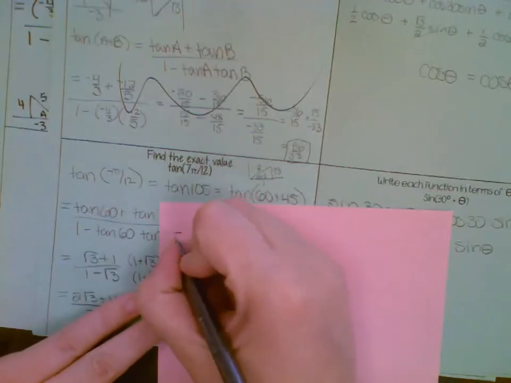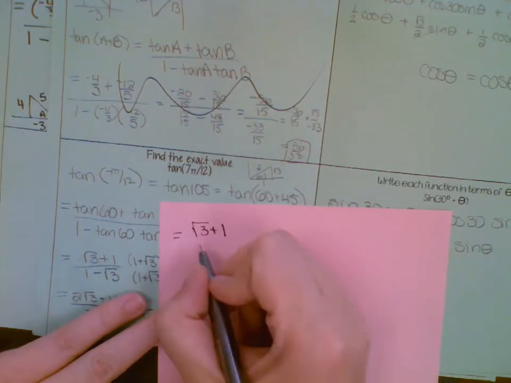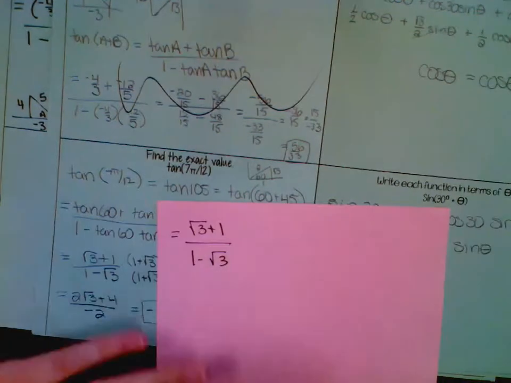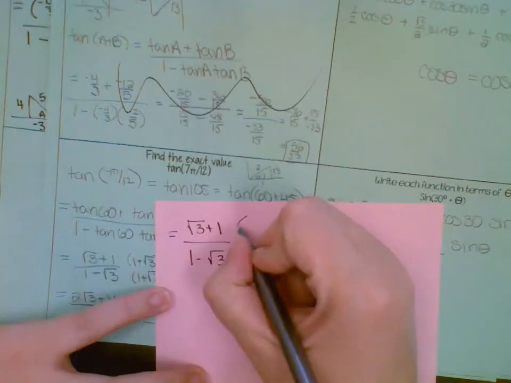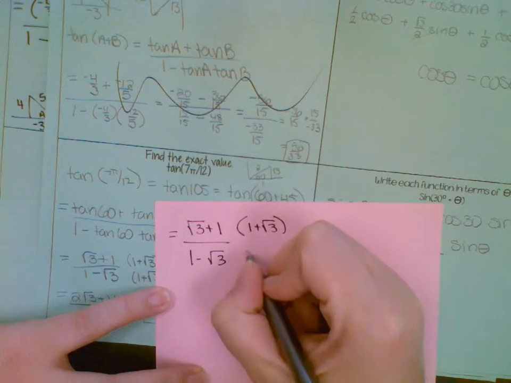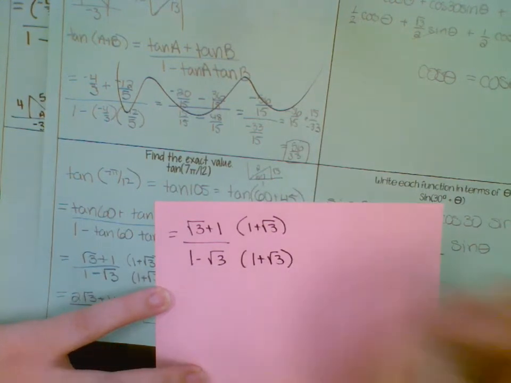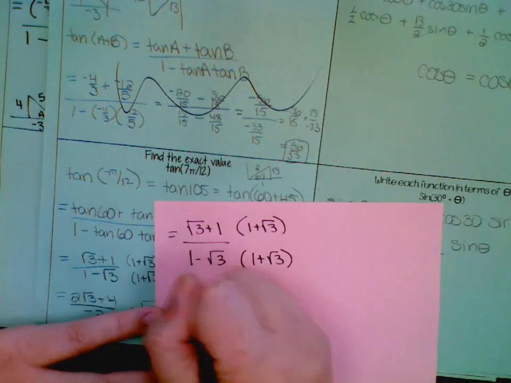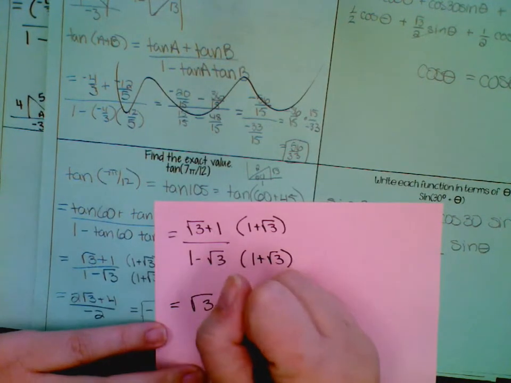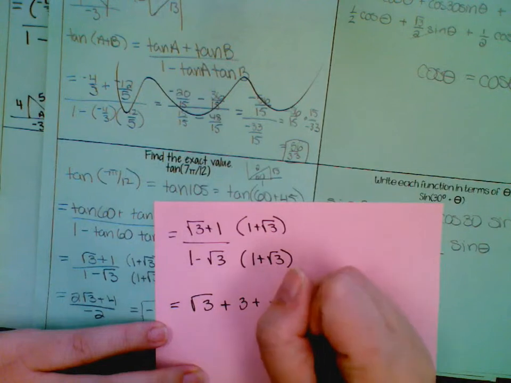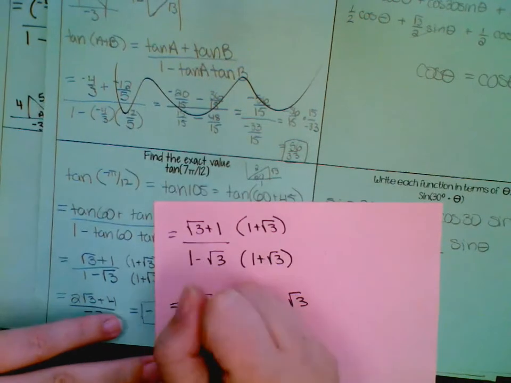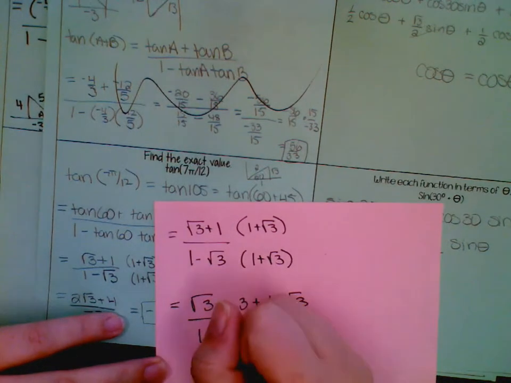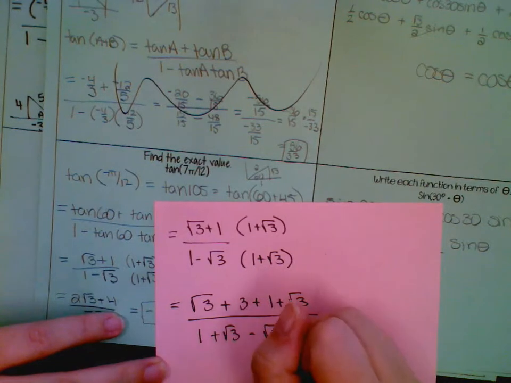So we get root 3 plus 1 over 1 minus root 3. The problem here is that we can't leave the radical in the bottom, so we have to multiply by the conjugate and rationalize that denominator. So if we times the top by 1 plus root 3, and times the bottom by 1 plus root 3, now we need to FOIL the top and the bottom, so that would be root 3 plus 1 plus root 3 over 1 plus root 3 minus root 3 minus 3.